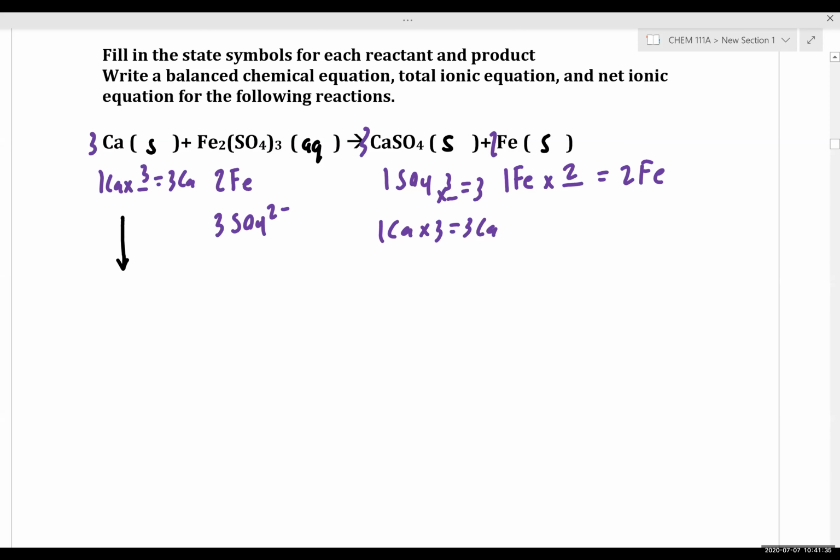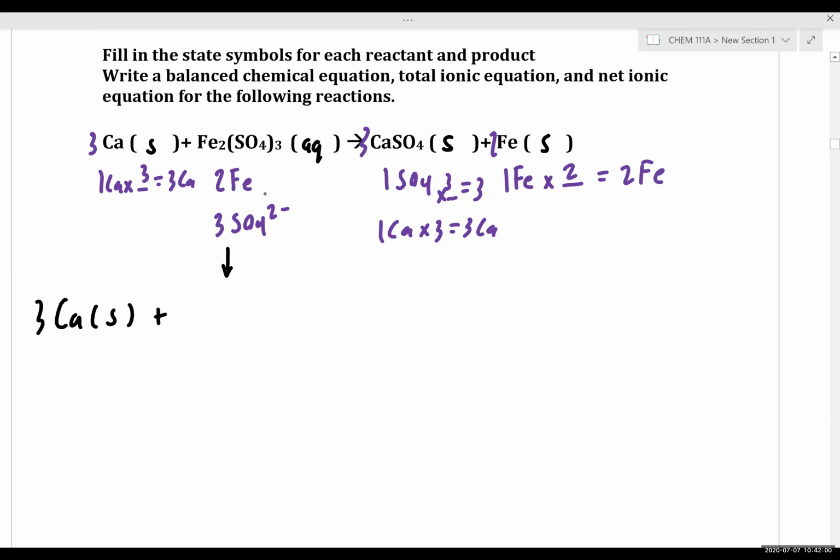Calcium has a solid symbol, so we're obviously not dissociating that. Do we dissociate iron 3 sulfate? It's soluble, so we dissociate it.